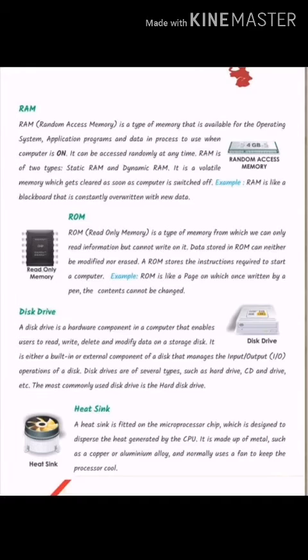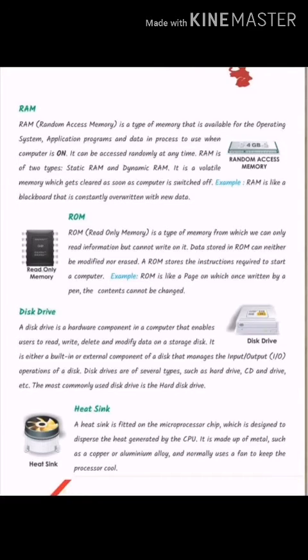Disk drive. It is a hardware component in a computer which enables the user to read, write, delete, and modify the data on a storage disk. We saw RAM, that is random access memory, which is a volatile memory and does not store any content. It erases the content as soon as the power is switched off. And ROM, that is read only memory, which does not allow anything to be stored in it.